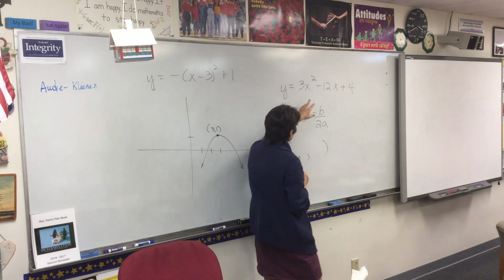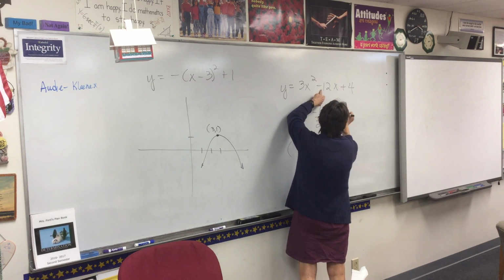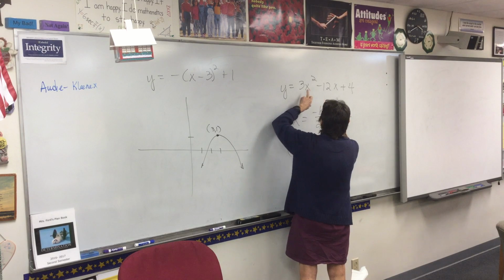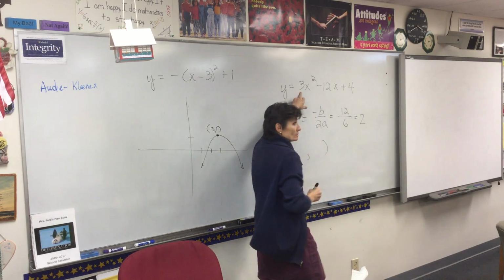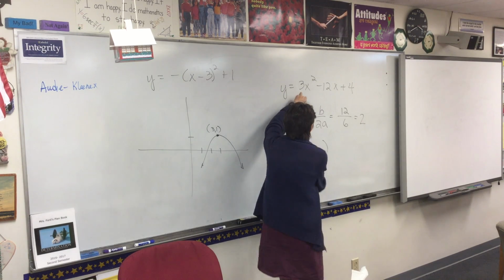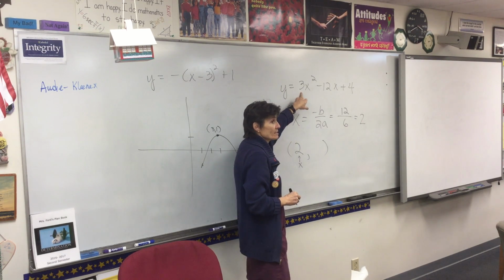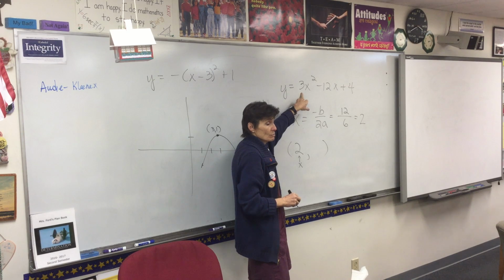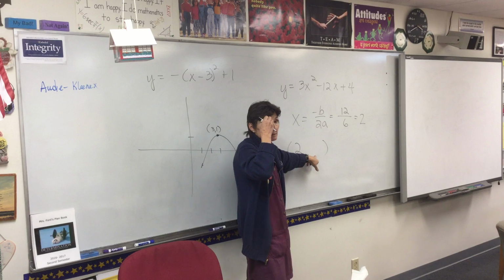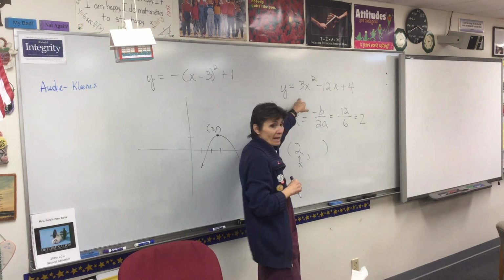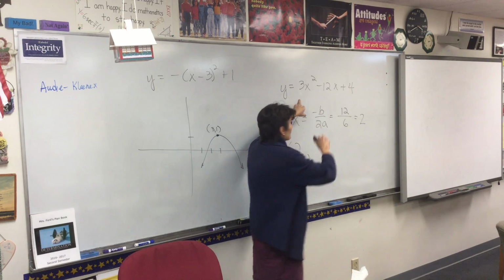So for our problem, negative b over 2a would be 2. So your x-coordinate is 2. And then how do we find the other coordinate? Plug it back in the original.